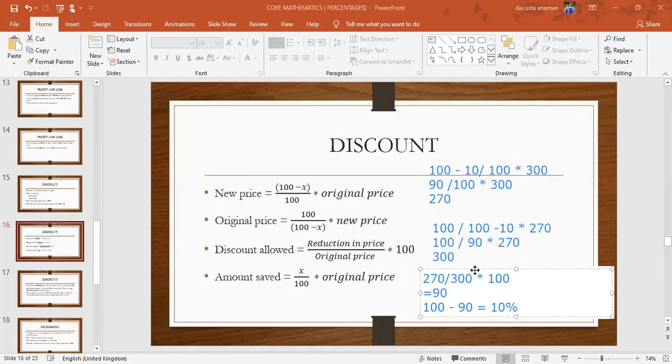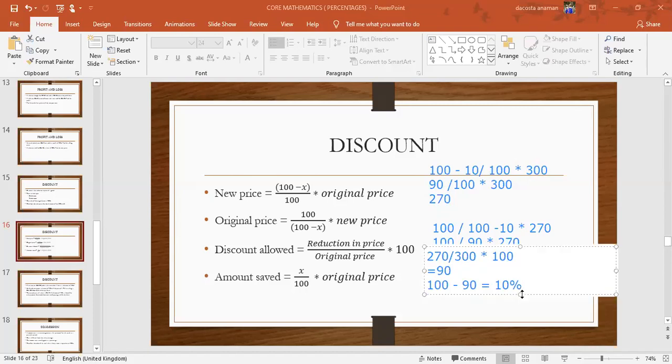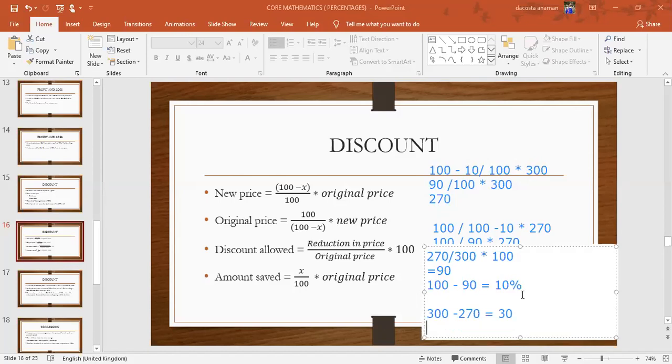And another way of solving it is, now the reduction in price, which is 300 minus 270. And that will give us 30, right? So you pick the 30 over the 270. No, sorry.